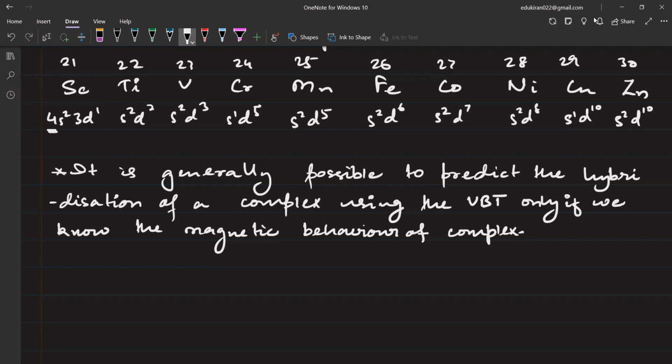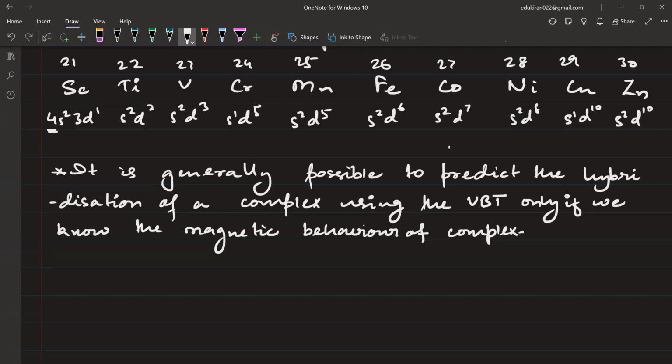Valence bond theory is of no good, by the way. But there are some cases where they will ask you to explain according to valence bond theory. The main explanation that we are going to give will use some crystal field theory also, so you are bound to use the crystal field theory always. I will teach you how to explain things in valence bond theory using some information about the crystal field theory.